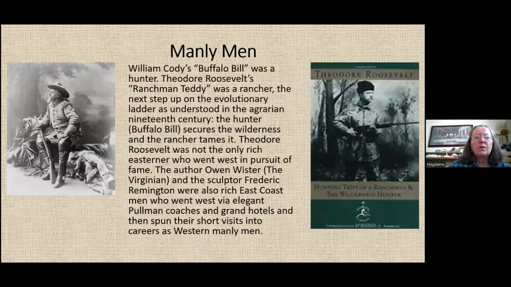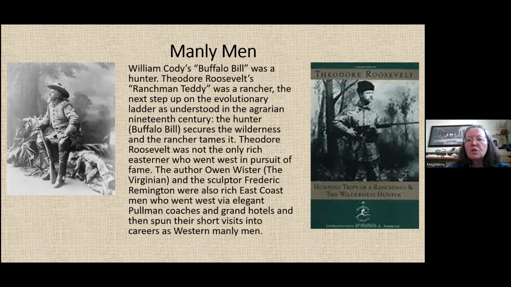So, William Cody's Buffalo Bill was a hunter. Theodore Roosevelt's ranchman Teddy was a rancher, the next step up on the evolutionary ladder, as understood in the agrarian 19th century. The hunter Buffalo Bill secures the wilderness and the rancher tames it.